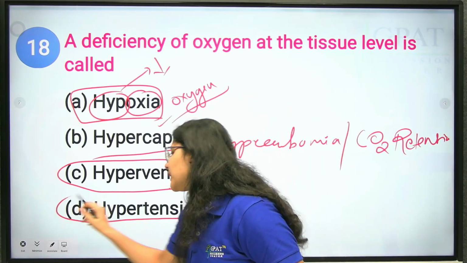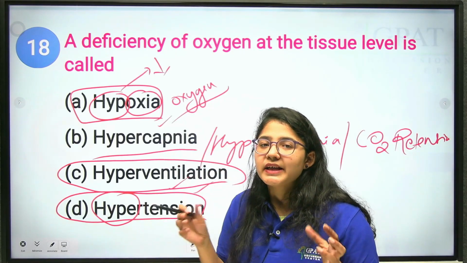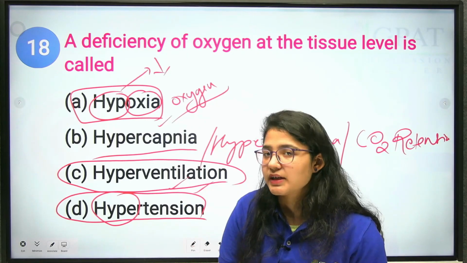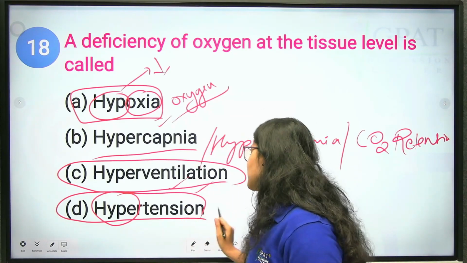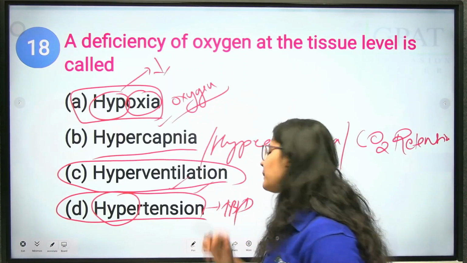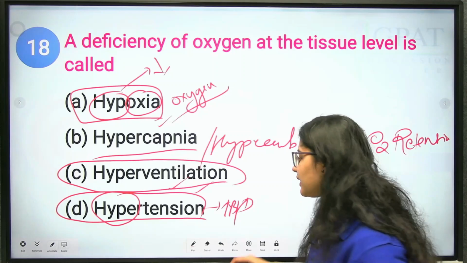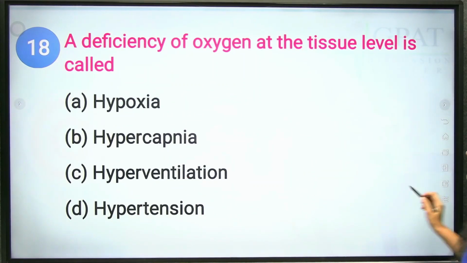Next is hypertension. Hyper means increase. Tension means the tension applied by your blood on your blood vessels. So hypertension means high BP, blood pressure. Clear? So for this question the answer will be hypoxia.